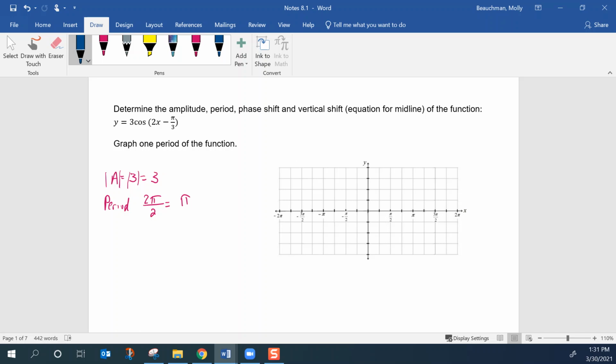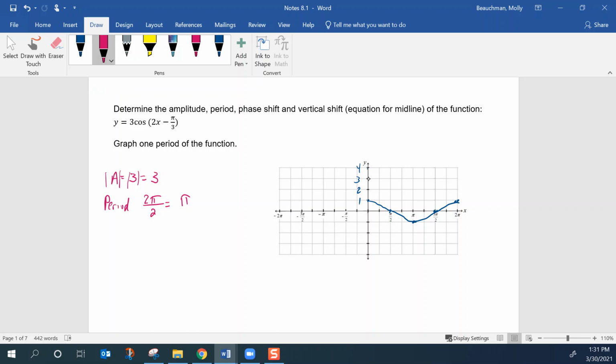So I'm going to start, let me graph the cosine function. I have an amplitude of 3, so I'm going to use a scale of 1, 2, 3, 4. The one in blue is the original cosine function. Now I'm going to graph amplitude of 3 and a period of pi. So this is the second step.